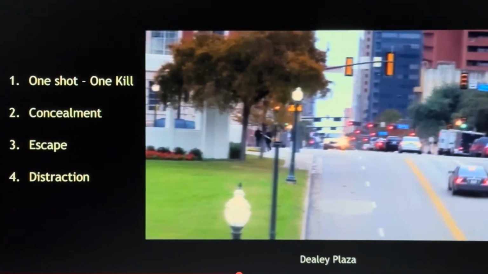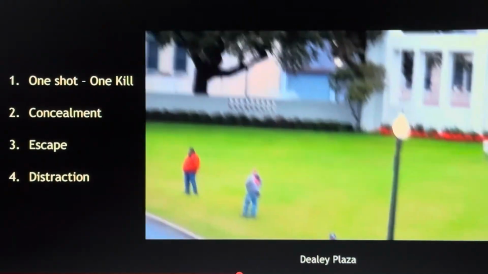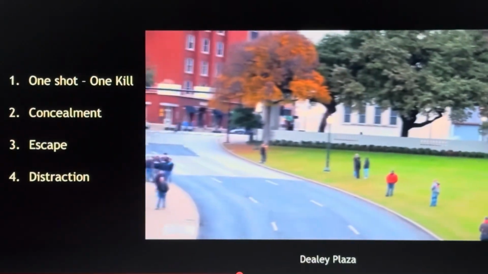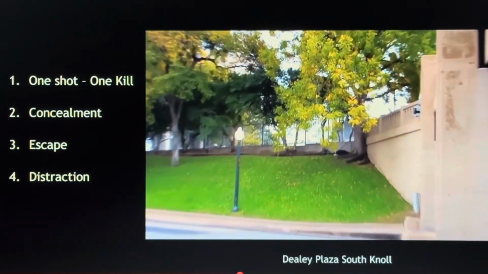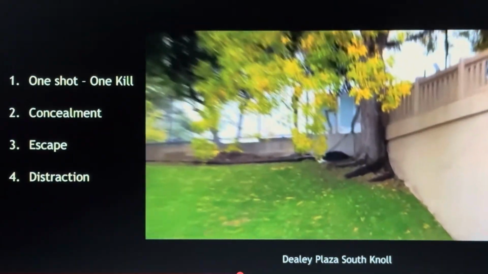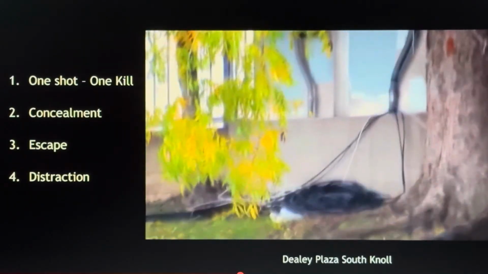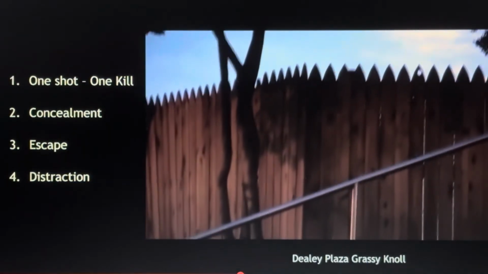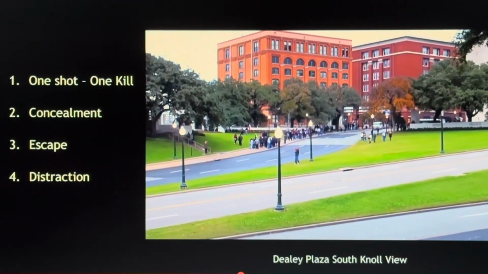You have to do 1 shot, 1 kill. That's what he said. He said, you need to know that you can do the job. You need to know that there's concealment, or some way that you are not going to be noticed, that people are not going to see you. You have to be able to get away. And the way that you can do that is you have someone that creates a distraction. Everybody looks that way, and then you shoot, and they don't see you.